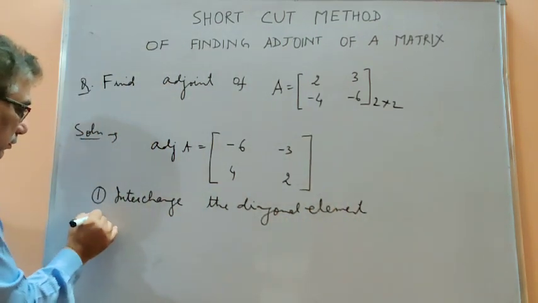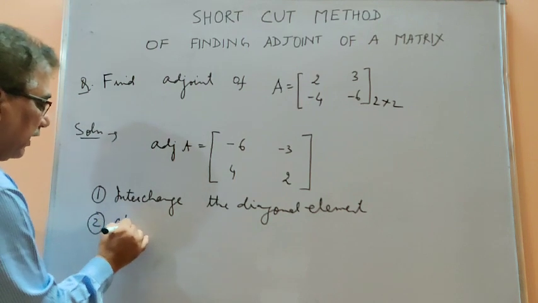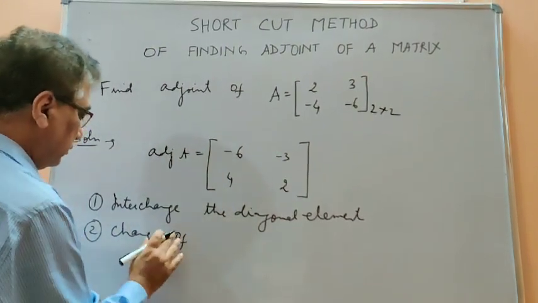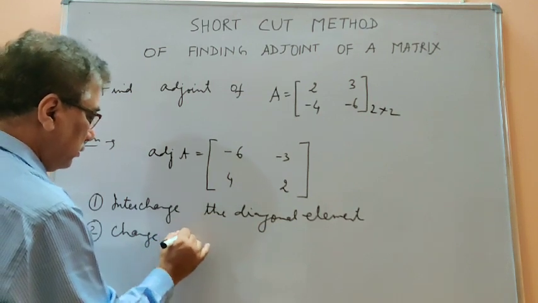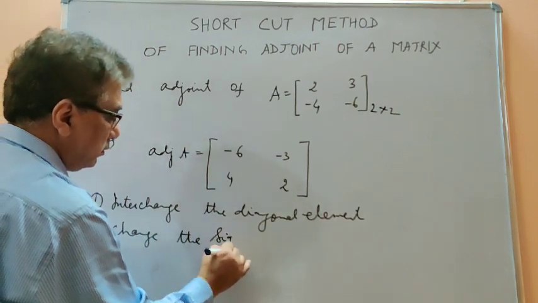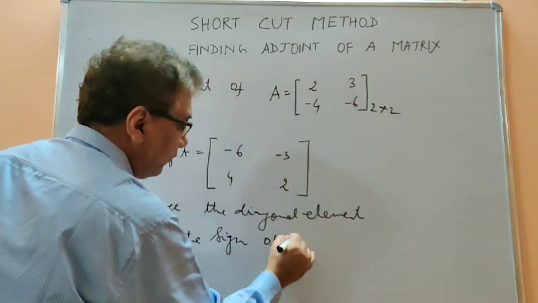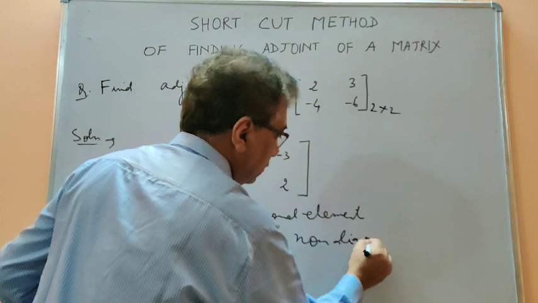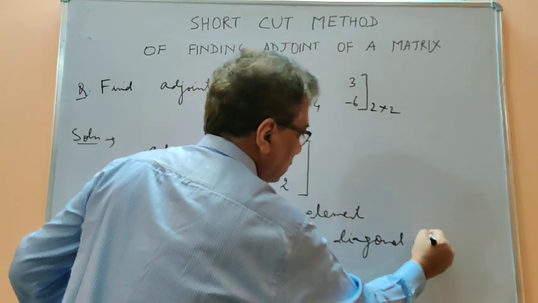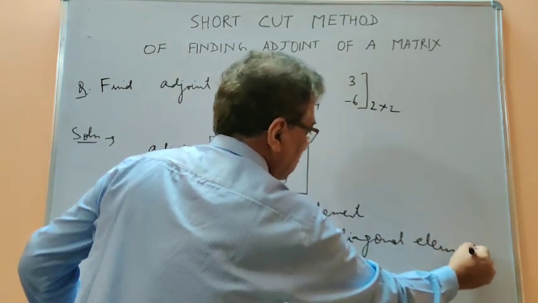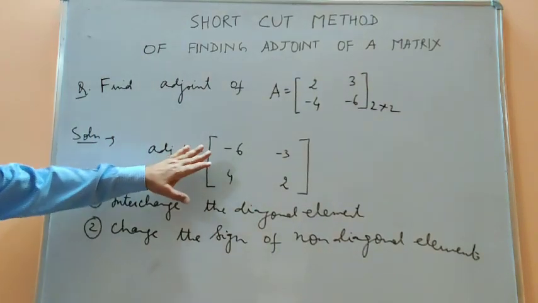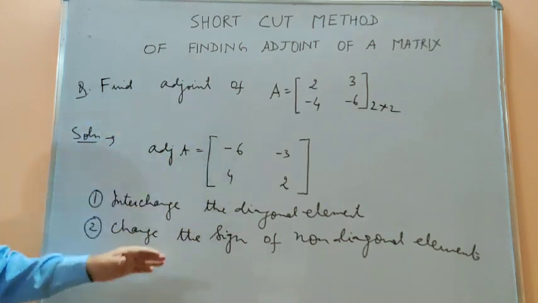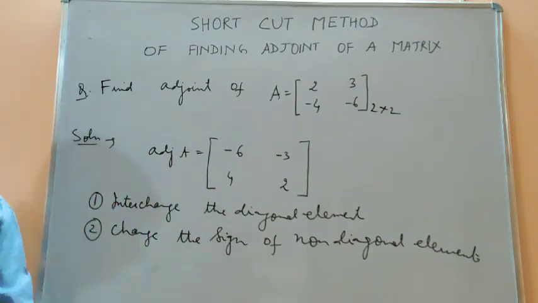And second, change the sign of the non-diagonal elements. So the same you find here, it is a matter of just 1 minute. This is how we get the adjoint of a matrix of order 2 by the shortcut method.